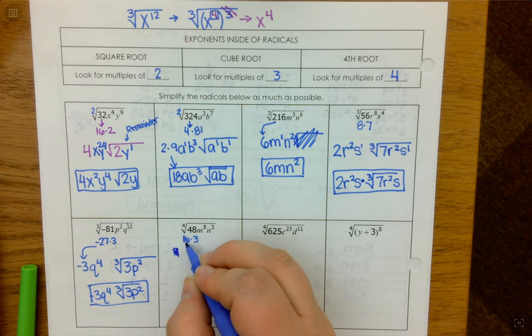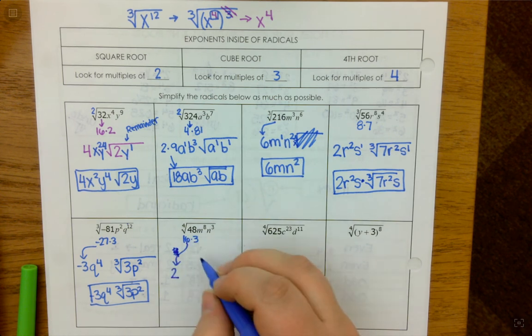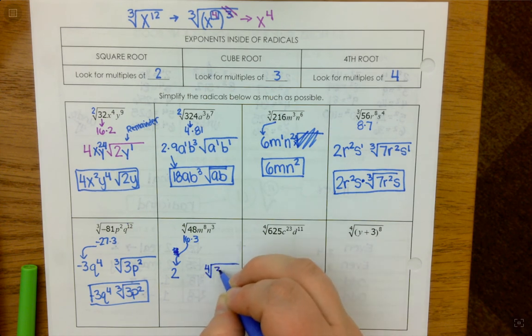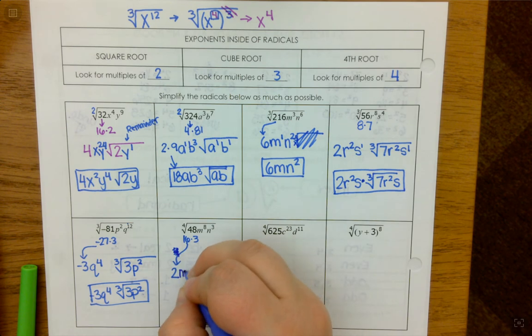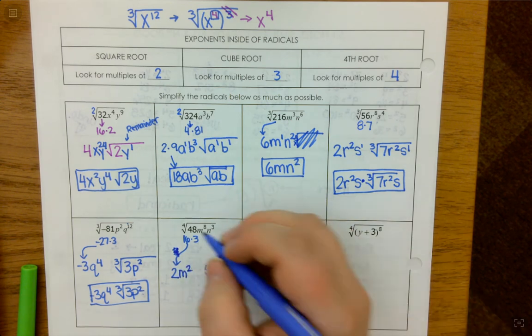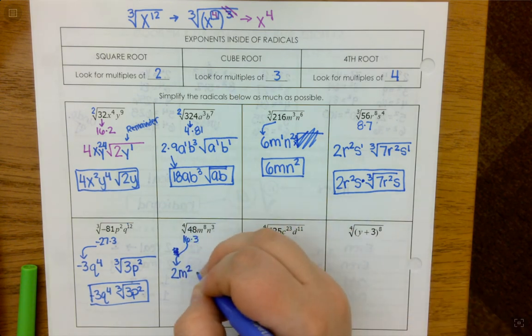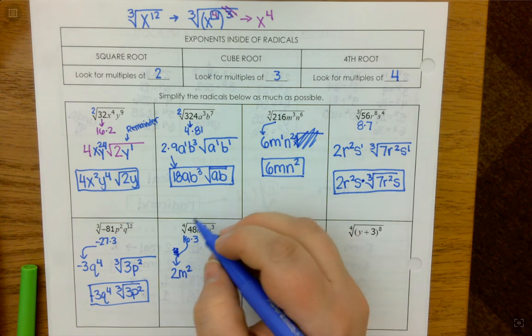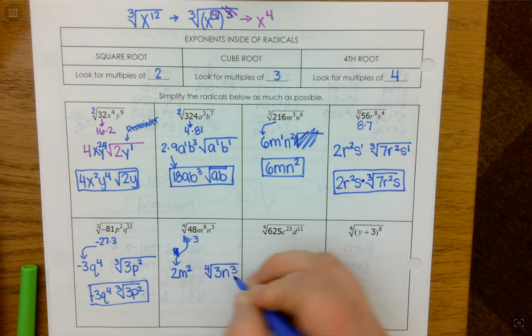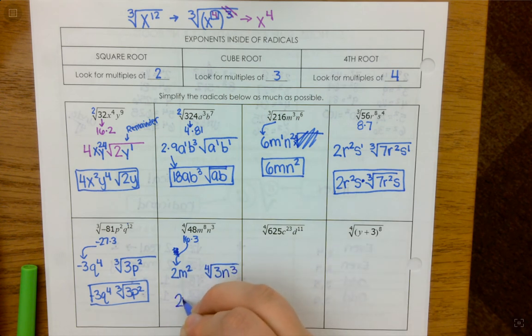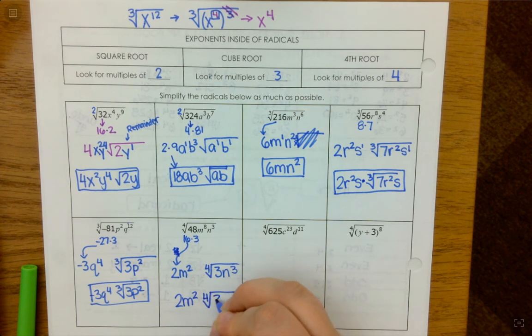The fourth root of 16 is 2. There is no fourth root of 3, so it has to stay underneath. 4 goes into 8 twice. And 4 goes into, there's no remainder, so there's no m's left under here. 4 goes into 3 no times, so the whole n cubed is left underneath. Leaving me with 2m squared times the fourth root of 3n cubed.